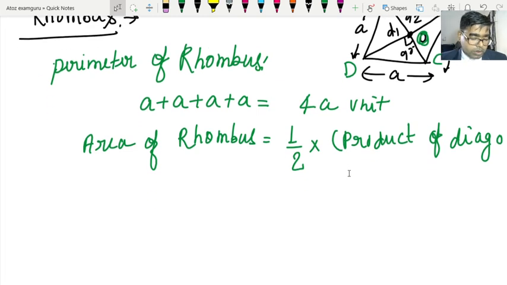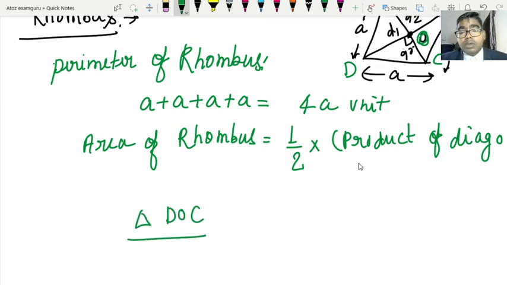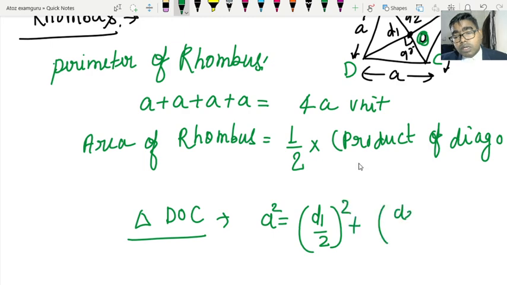If you want to find the relation between the side and the diagonals, then in triangle DOC, what can you find? This can be found as a square equals (D1 by 2) whole square plus (D2 by 2) whole square.